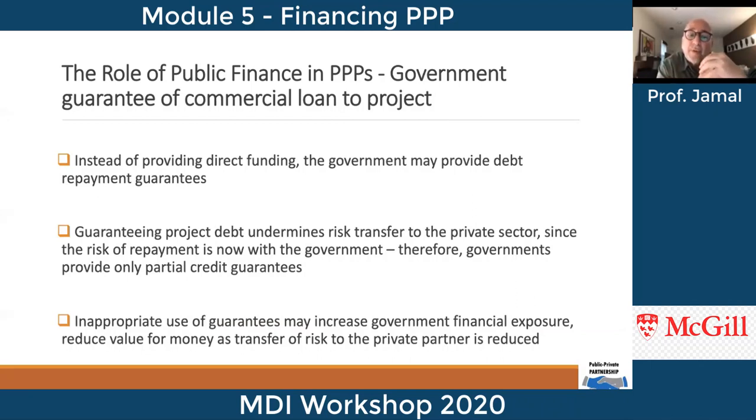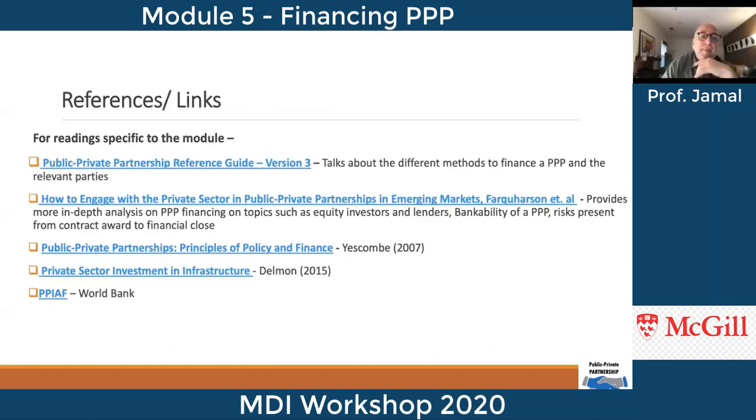And the partial credit guarantees provided by the World Bank and other organizations are an important element when you would like to make the project bankable, feasible, and where you can reduce the cost of borrowing. These are references, links for more detail on this model.